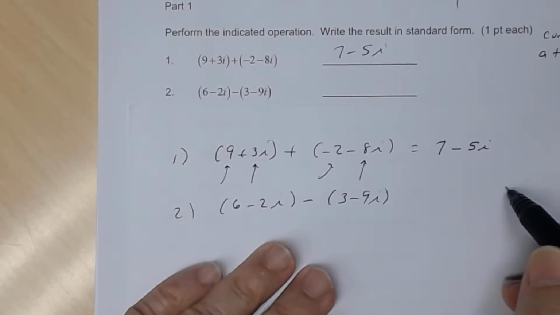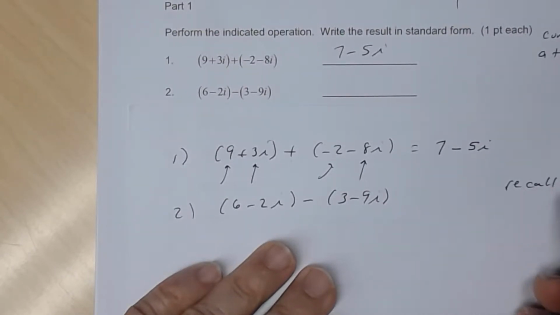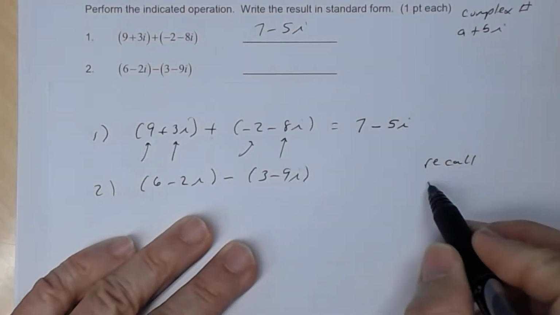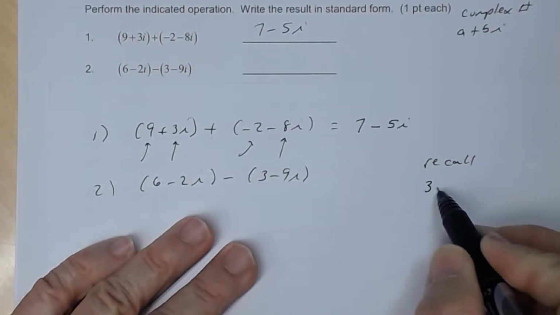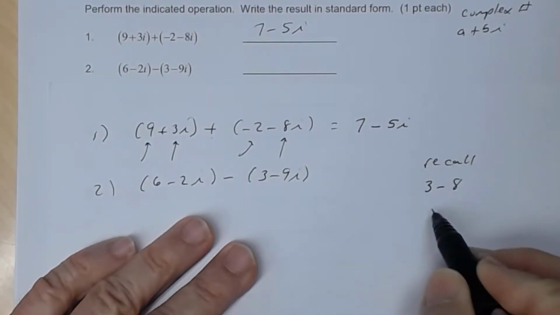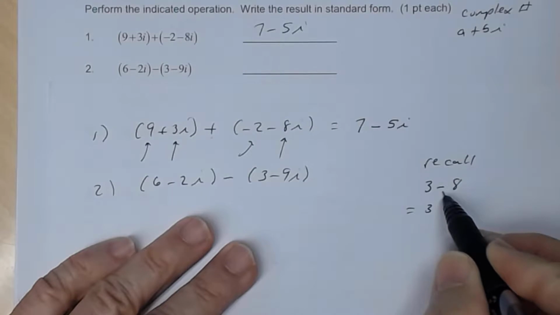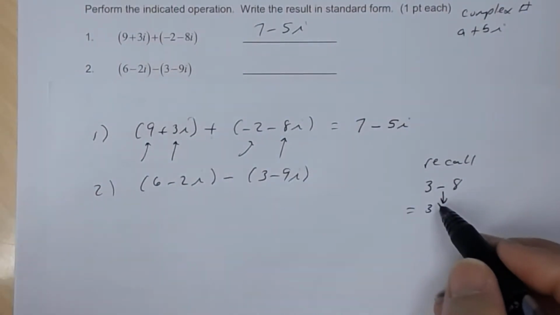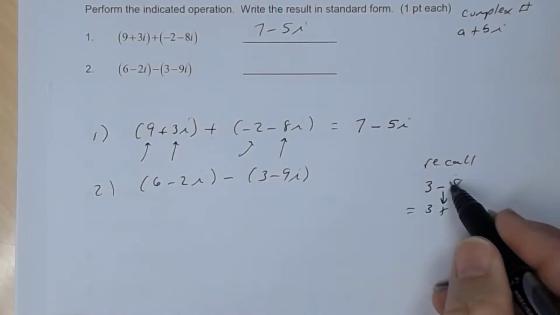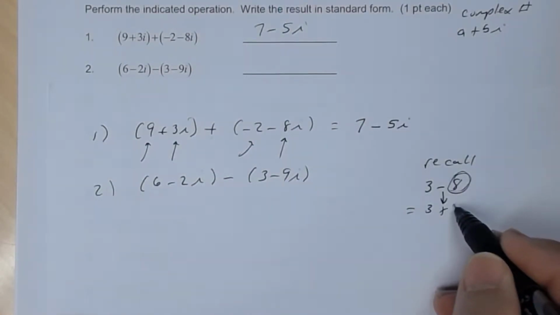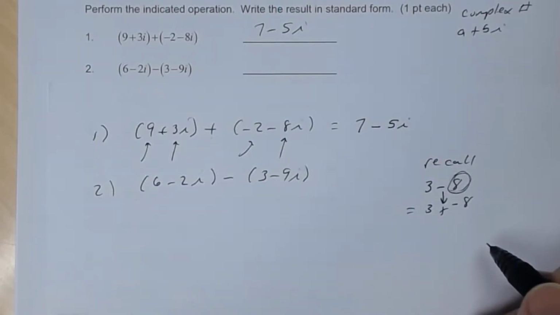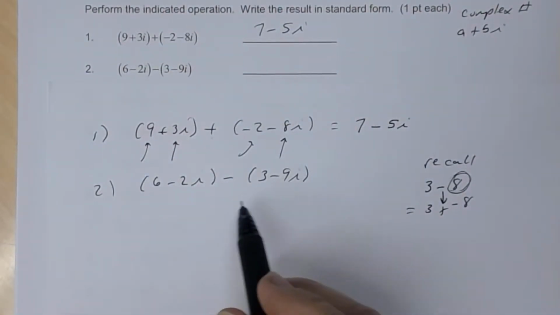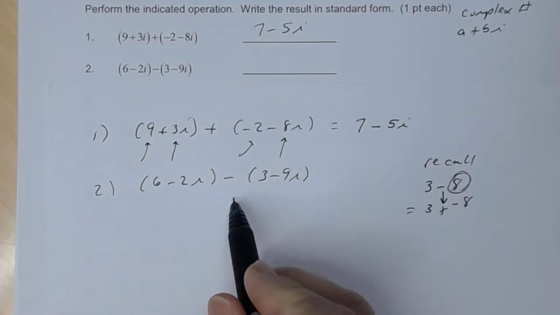One way is to remember from a previous course that 3 subtract 8 means 3 plus the opposite of 8, and the opposite of 8 is negative 8. You can always change a subtraction to an addition problem by following this phrase. So that's one way, and we're going to use that idea here.